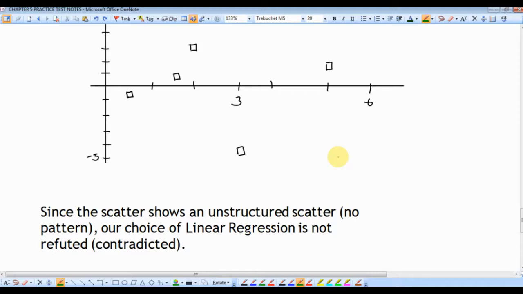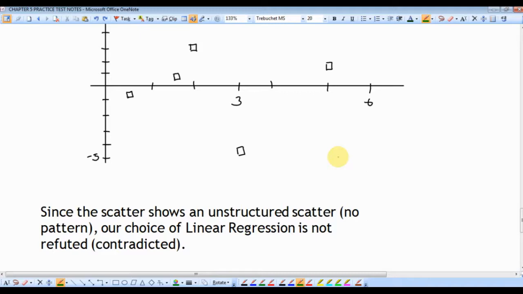There's no fan, there's no line, there's no curve. This is pretty much no pattern. So since it's an unstructured scatter, our choice of linear regression is not refuted. Basically, it confirms the linear regression.